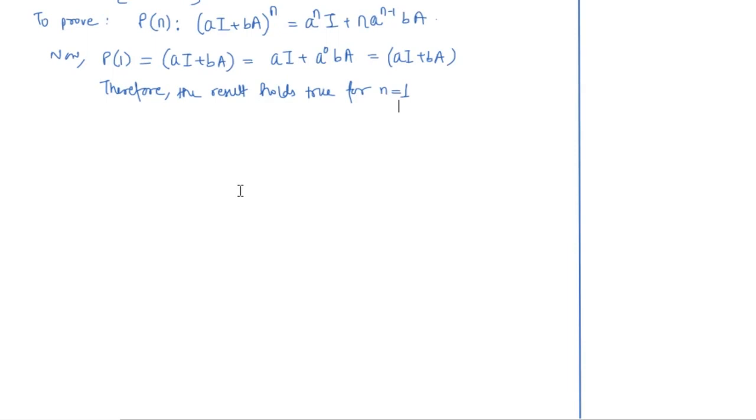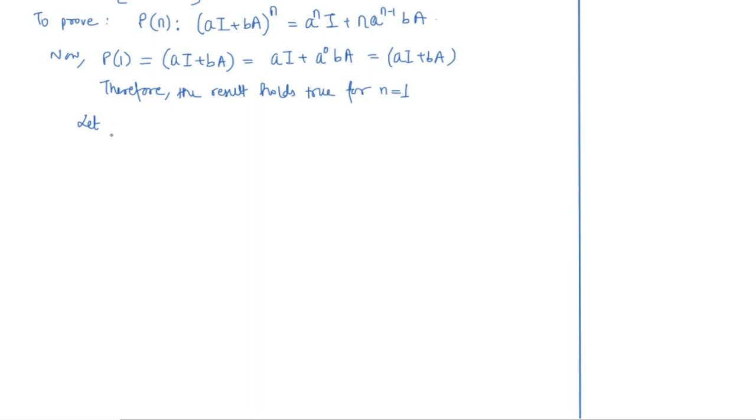Now let it be true for n = k as well, as this is our technique of mathematical induction. Let us assume it to be true for n = k, and if it then holds true for k + 1, it is obviously true for any general n.